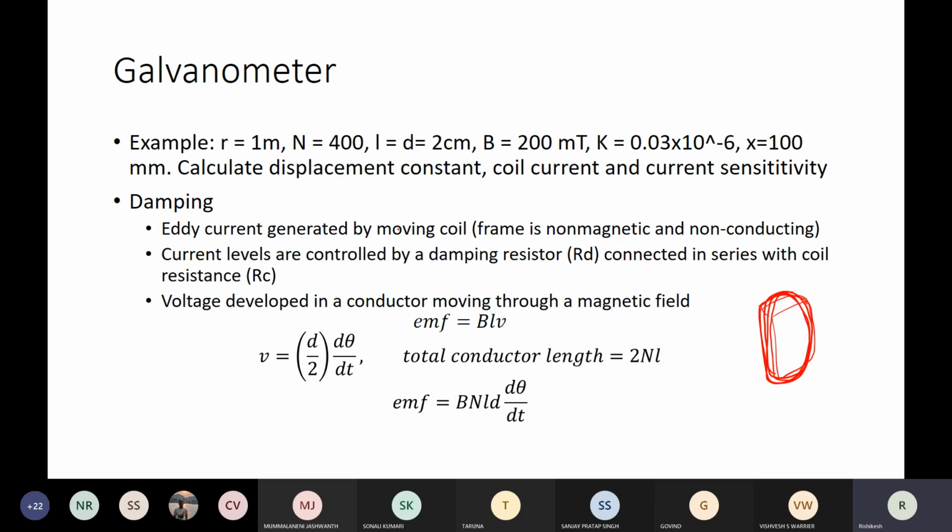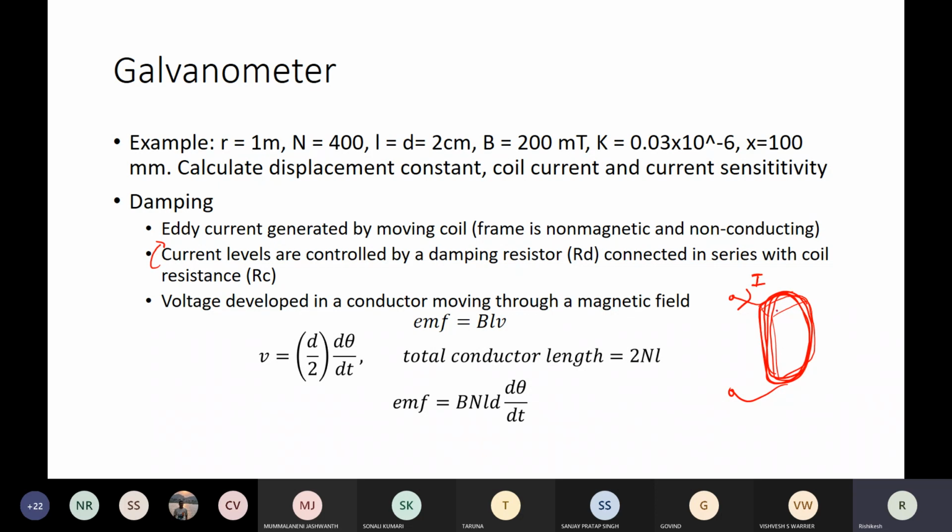So whatever eddy current is generated in the moving coil, the current levels are controlled by a damping resistor, which is connected in series with the coil resistance. Remember these wires. There will be two taps coming through which will supply the current which is to be measured, right?